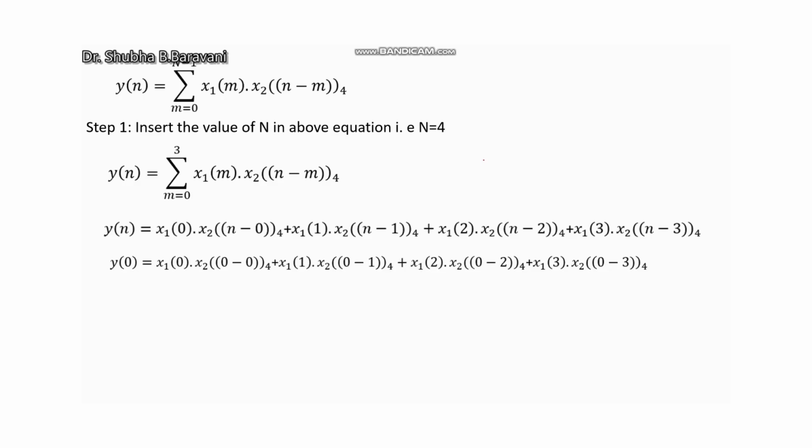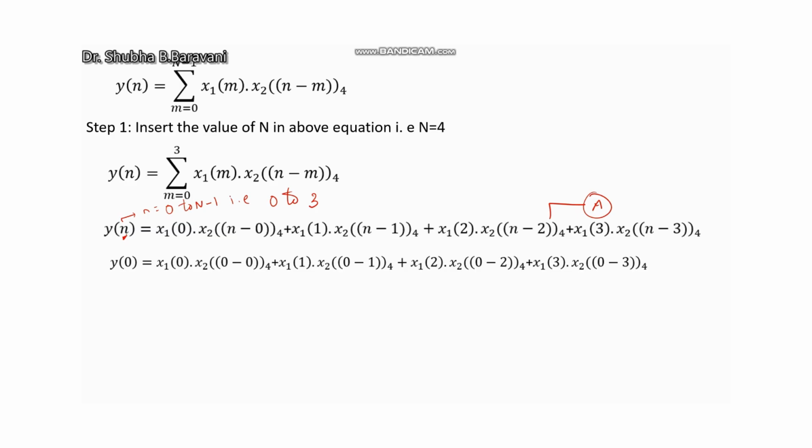Now for y of n, this small n, again we'll substitute the values of n from 0 to N minus 1, that is 0 to 3. So this becomes my main equation.